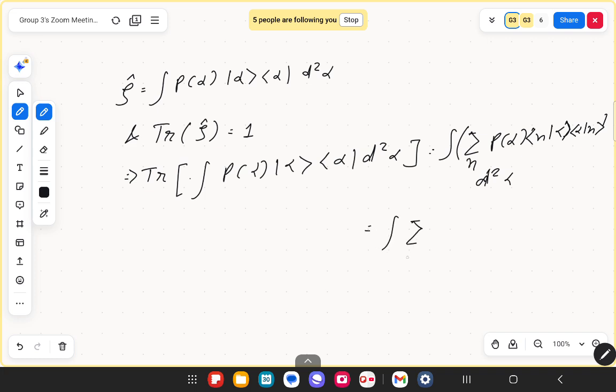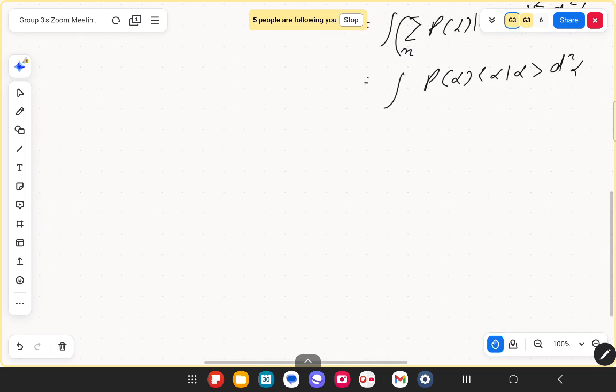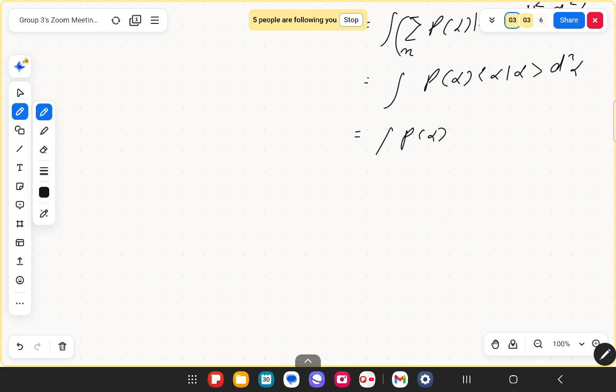This is the square of the summation. The integral of P(alpha) d square alpha is equal to 1.